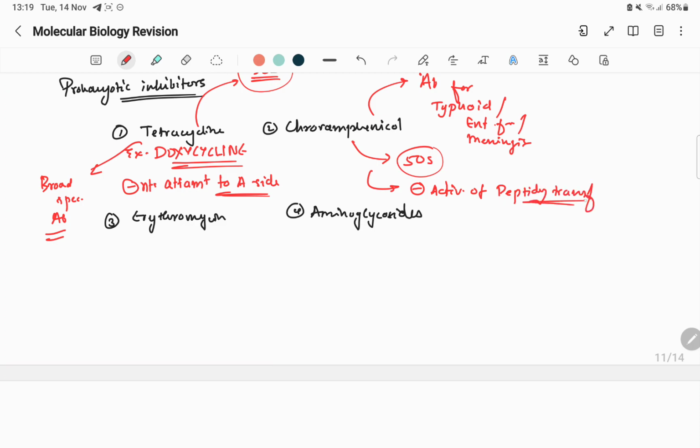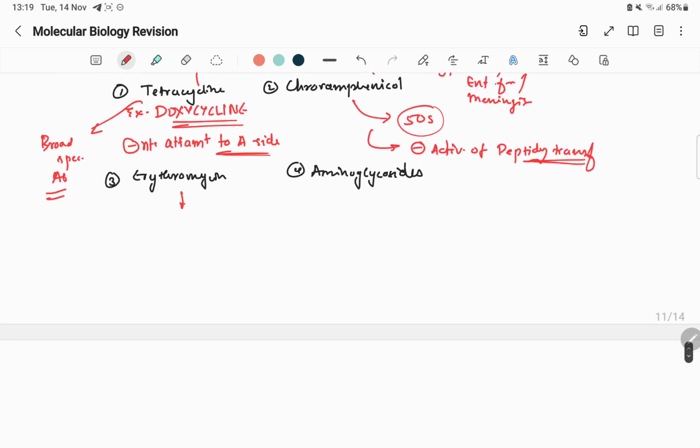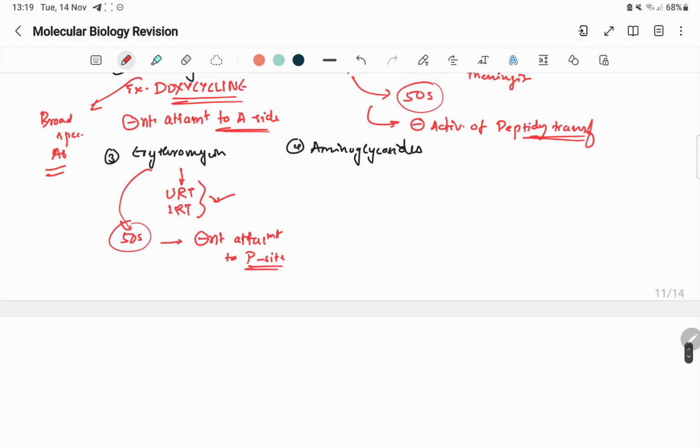So basically it is blocking the peptide bond formation. Erythromycin is used in upper respiratory tract infection or lower respiratory tract infection. It also binds to your 50S and prevents attachment of tRNA to the P site.